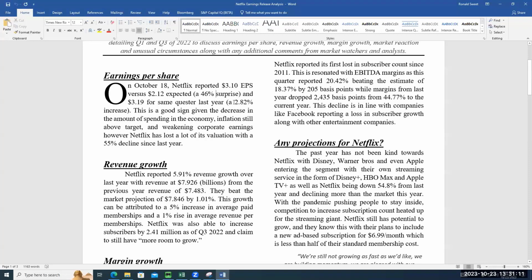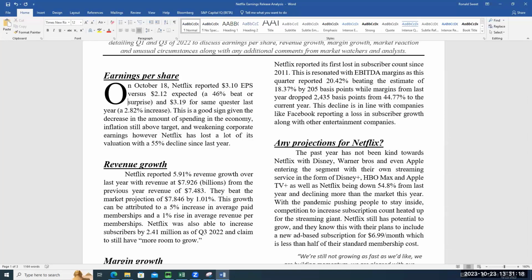Now, 46%, when we say surprise, we also use the words beat or miss. So they beat expected by 46%, or they missed expected, that they were lower. If the 310 was 310 versus expected of 340, they would have missed. So you either say beat or miss or surprise.